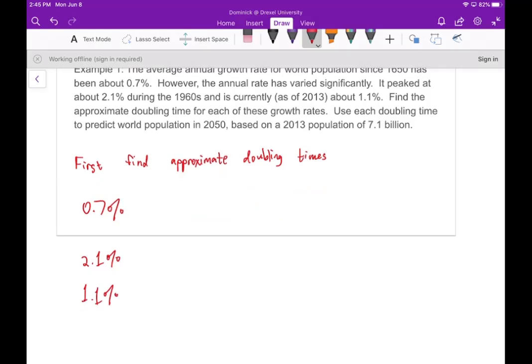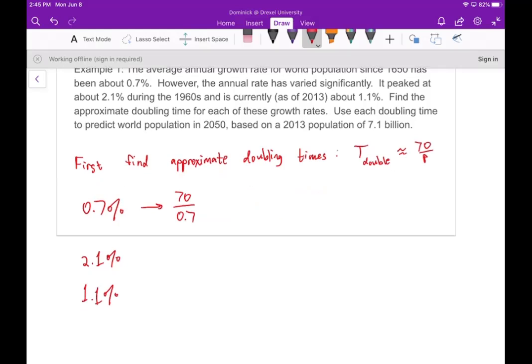Now remember that the approximate doubling time formula is T double is approximately equal to 70 over P, right, where P is the percentage. So for our first example, we would want to do 70 divided by 0.7.